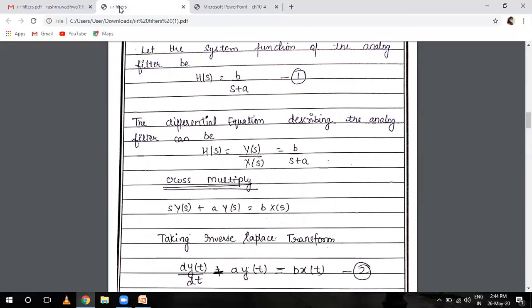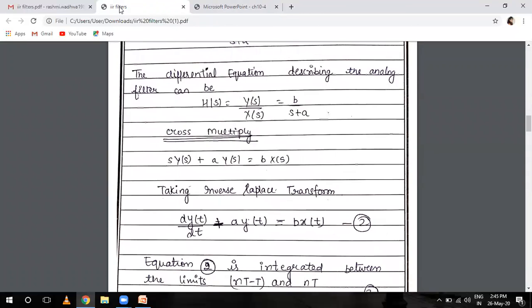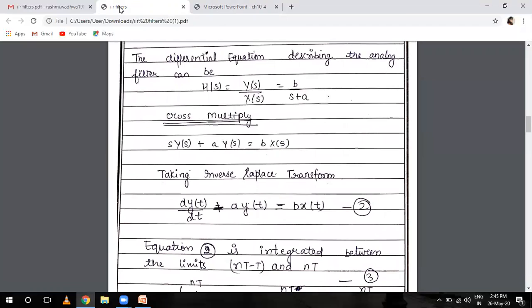So cross multiplying, Y(s) into s plus a is equal to b into X(s). Taking inverse Laplace transform, dy by dt प्लस a इंटू y(t), Y(s) का ट्रांसफॉर्म हो जाएगा y(t), X(s) का हो जाएगा x(t).